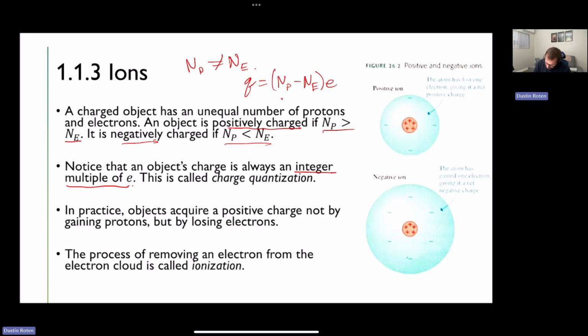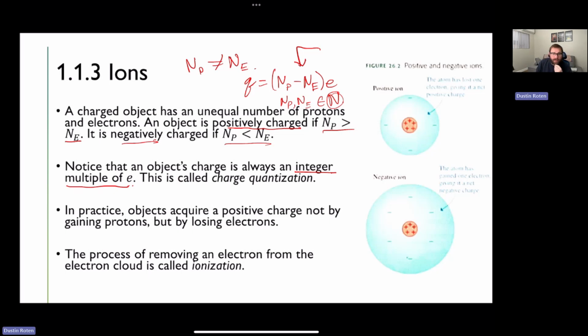Now we know that n p and n e are integers, natural numbers for the math folks. If these are integers, that means q is always going to be a multiple of e, because the parentheses here can only be a whole number.